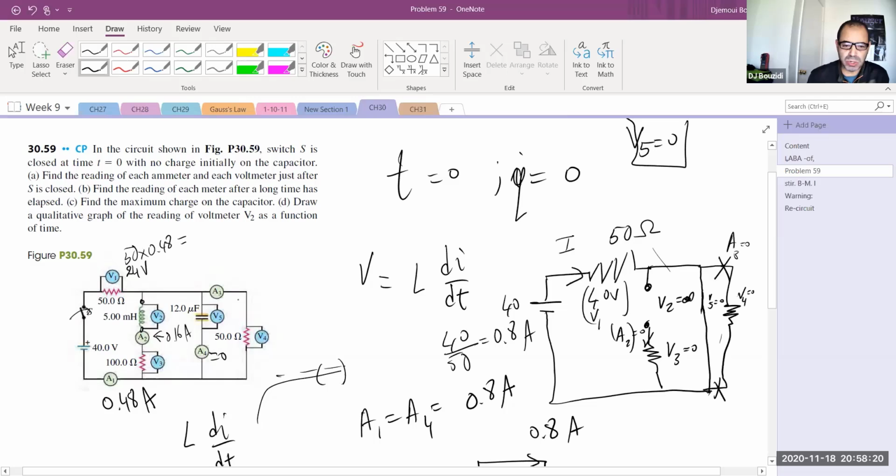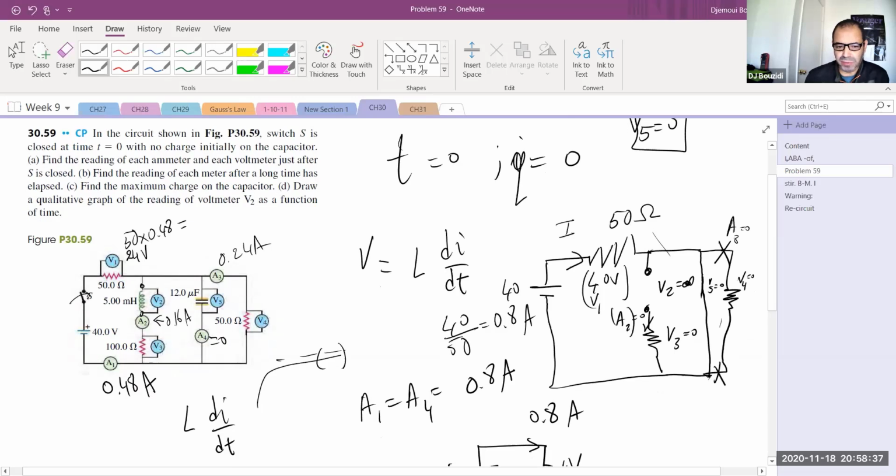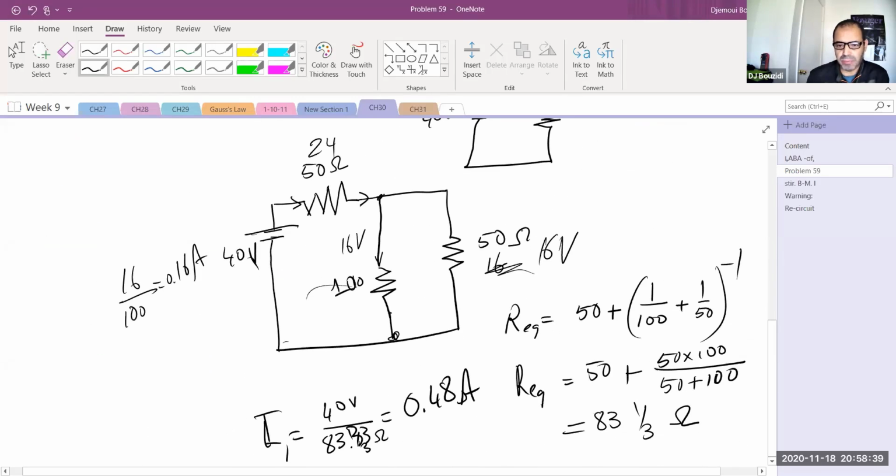If you're curious trying to find how much current now is running through A3, A3 should be then just the difference between 0.48 amps and 0.16 amps. So it should read 0.24 amps. Let's check it. If I do the 16 volt divided by 50, that should be the same thing.